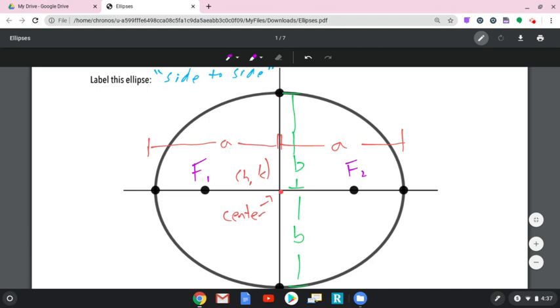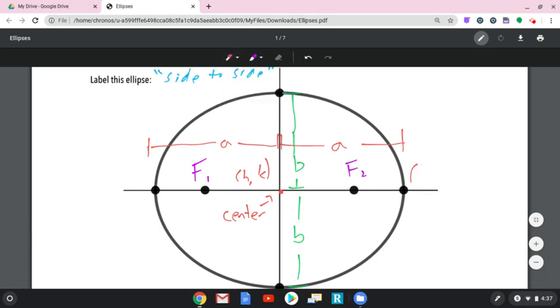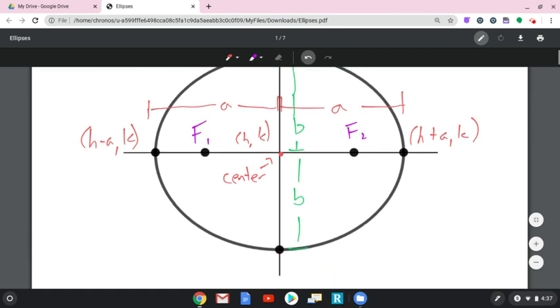Looking at the points from my center, what I'm adding and subtracting: this one would be H plus A, K. This one would be H minus A, K. Up here, this would be H, K plus B. And down here, it would be H, K minus B.